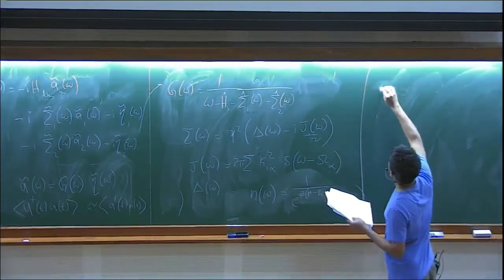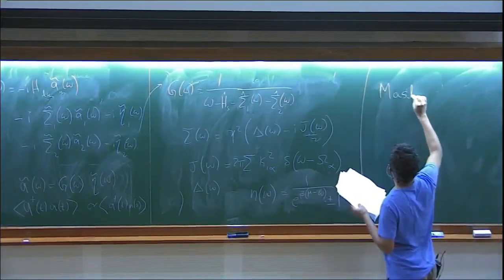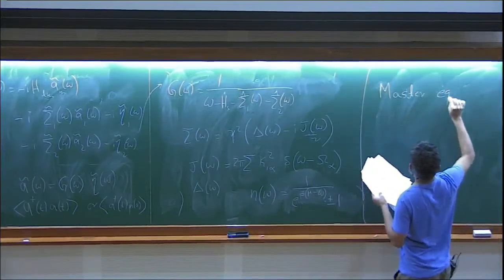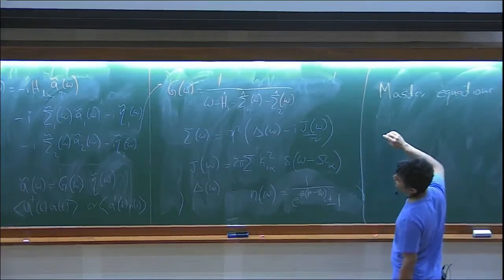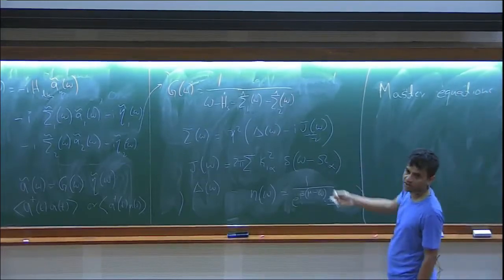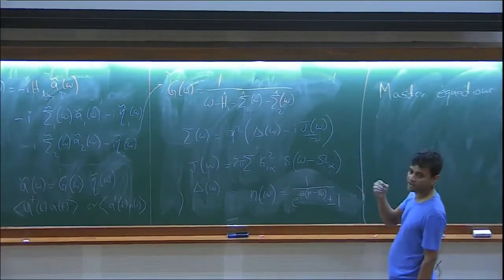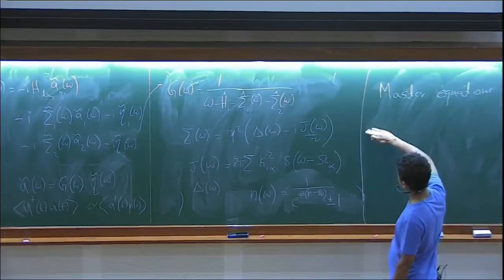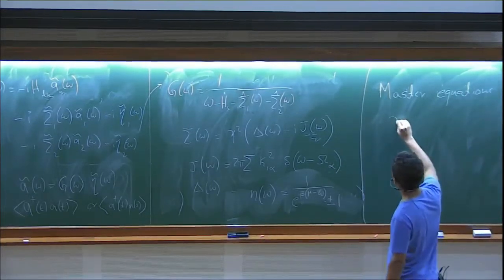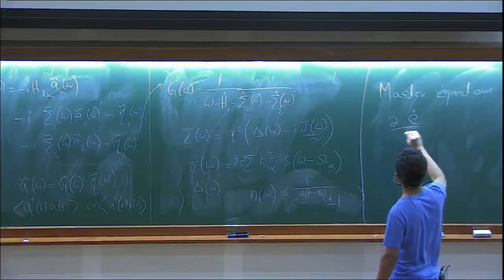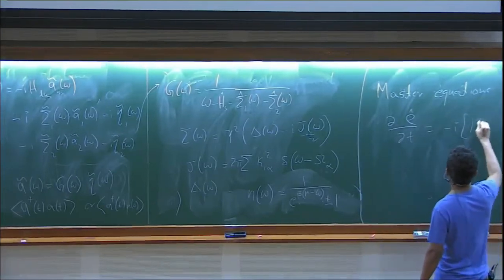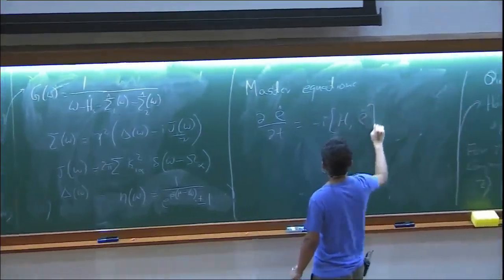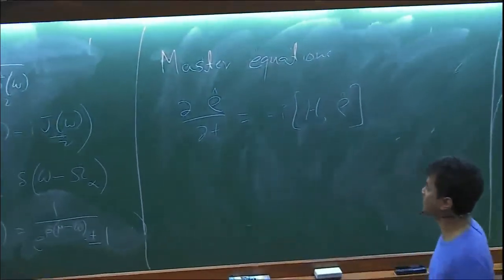Okay, so now master equation. Basically, instead of working with Heisenberg equations of motion for the observables, or for the basic operators, you try to write an equation for the density matrix. So you start with the general equation of motion for the density matrix.